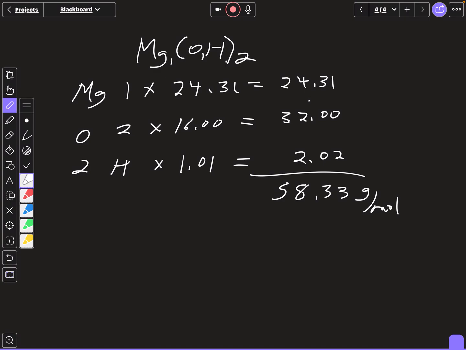Now to find percent composition, my first step is to find my molar mass. I've done that for magnesium hydroxide. Now I want to find the percent composition of each element in this compound.